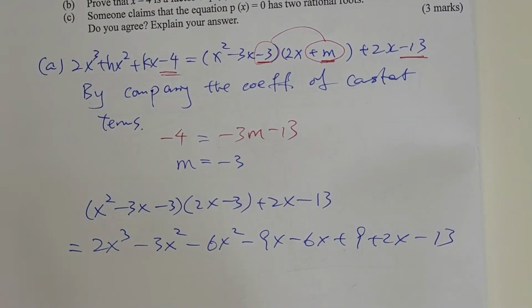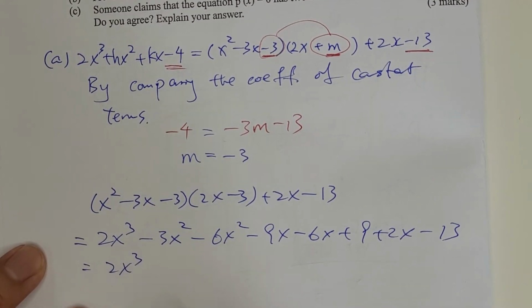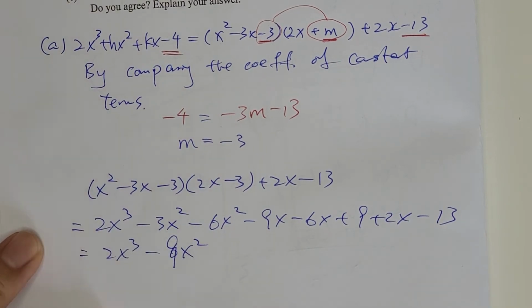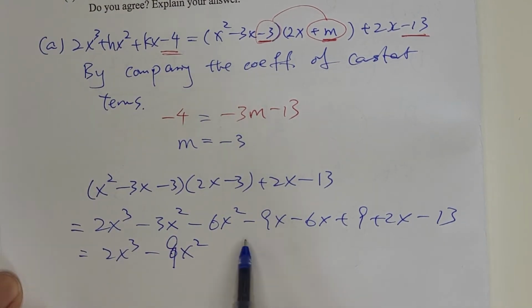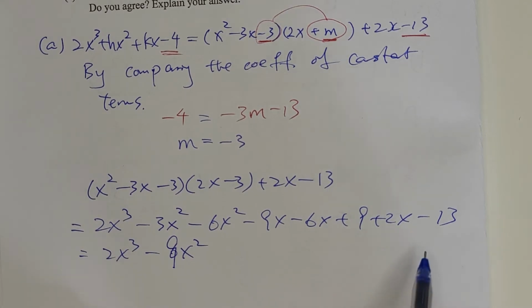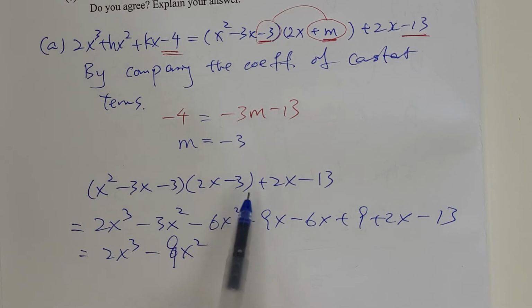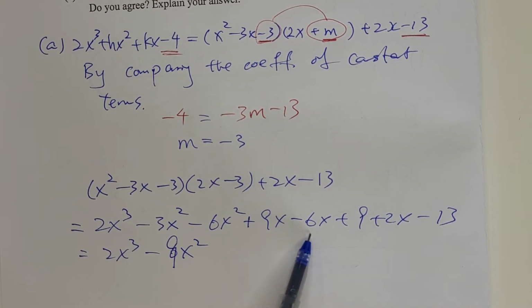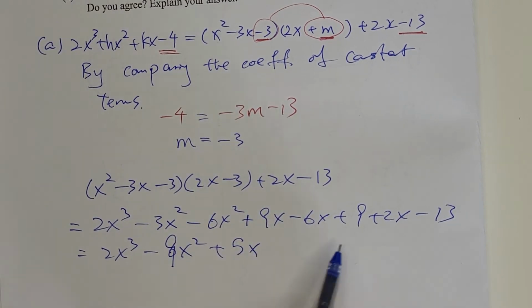Then you get 2x cubed minus 9x squared, and then here positive 9 minus 6, that is positive 3, plus 2, so positive 5x, and finally positive 9 minus 13, which is minus 4.